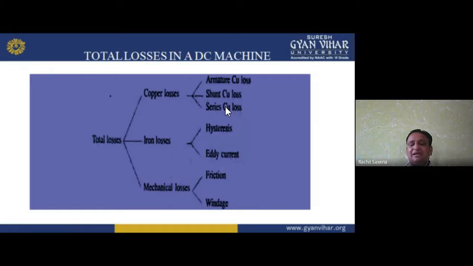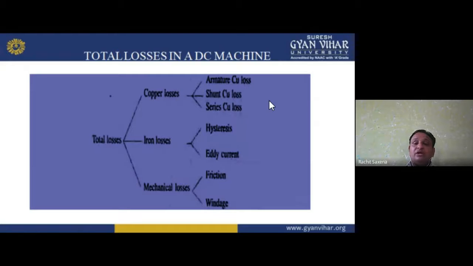If I am talking about the self-excited type, we have 2 types, shunt and series. That is why I am mentioning shunt and series copper losses here. Copper loss is due to the resistance present in a coil, and it is known as heat loss, or power loss, that is I square R.